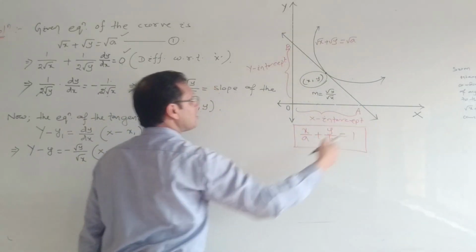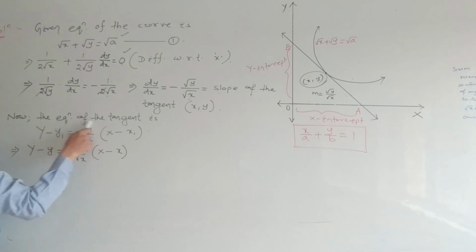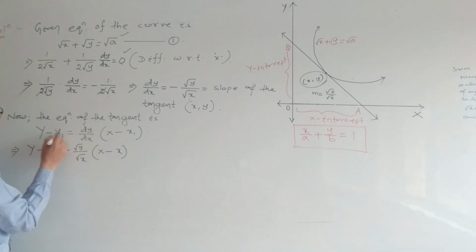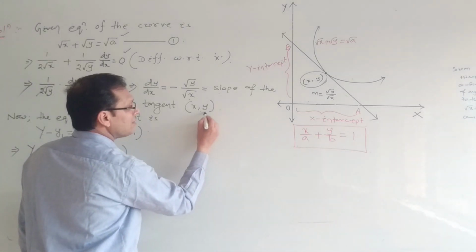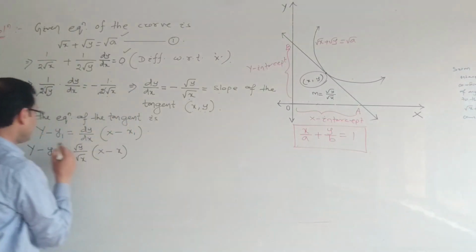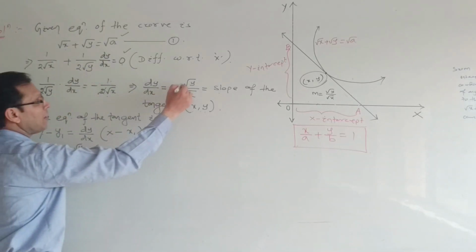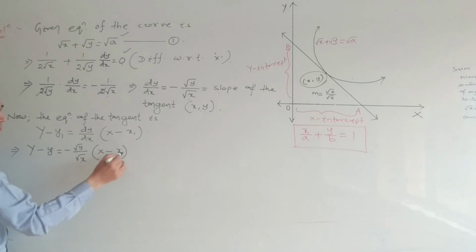So the equation of the tangent can be written as y minus y1 is equal to dy by dx times x minus x1. Here y1 is y and x1 is x. So y minus y is equal to dy by dx, which is minus root y by root x, times x minus x.